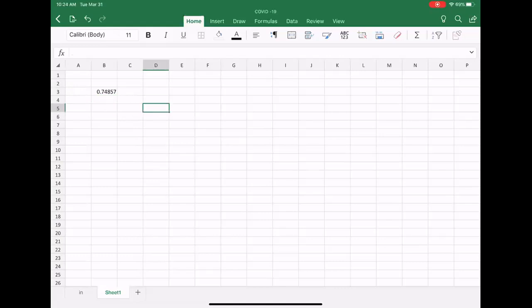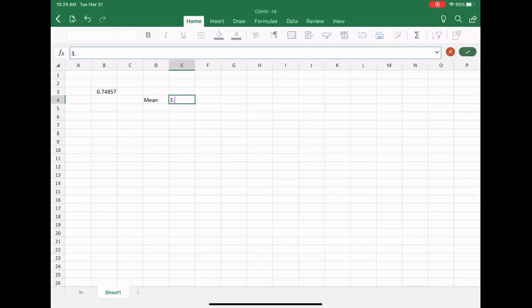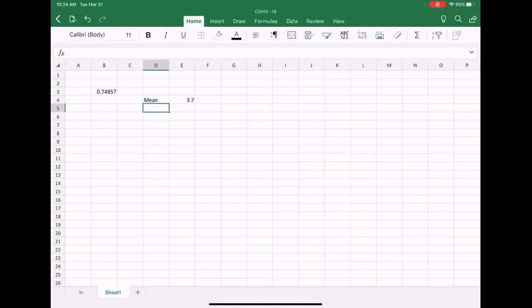Now, to make this even easier, I'm going to type some of the problems in here. So we had a mean of 3.7 and a standard deviation of 0.75. I'll do it twice here so we'll see both answers. Our sample size was 25.